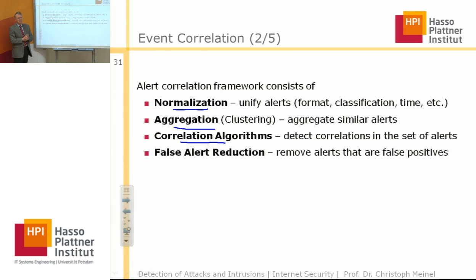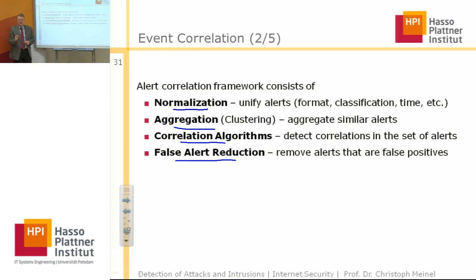Then it's a problem that false alerts are given, false positive attacks. So in this event correlation framework, a component is needed that removes alerts that are false positives. A false positive is a false alarm to the system administrator in case there is no event.